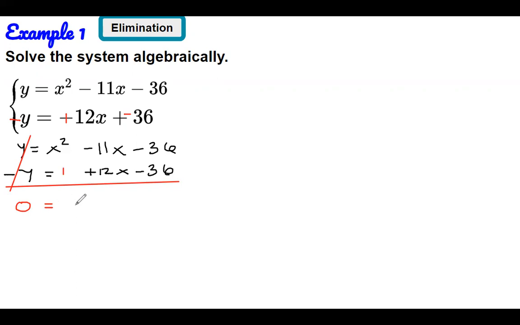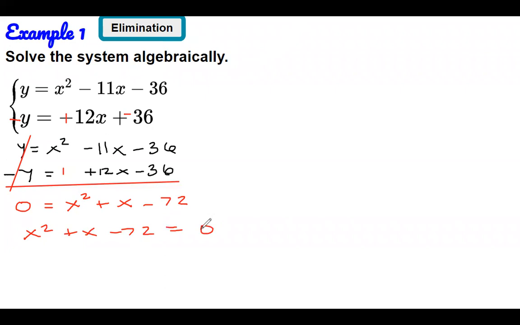We have x squared. Combine the next like term, we have negative 11x and 12x, so plus x. And we have negative 36 minus 36, negative 72. So we have a quadratic equation in one variable: x squared plus x minus 72, with 0 on the right side.